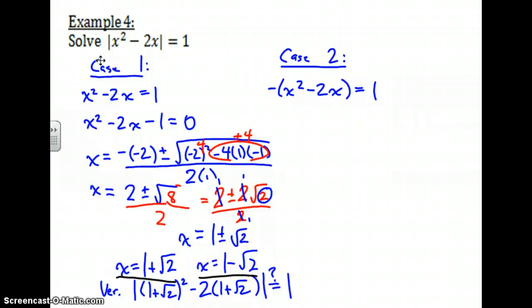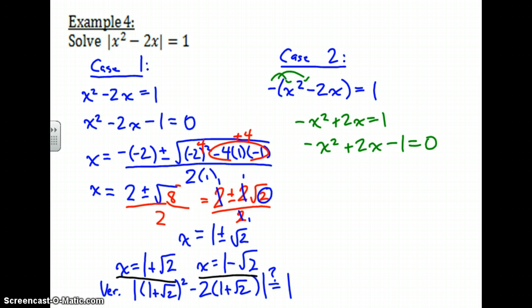Over here, case 2, cross our fingers that we don't have to use the quadratic formula. We get negative x squared plus 2x equals 1, that's distributing the negative. So then we have negative x squared plus 2x, take away 1 equals 0. We could do decomposition here, or we notice that if we have a negative here, we can multiply both sides by negative 1 and get x squared minus 2x plus 1 equals 0, which simply changes all the signs.